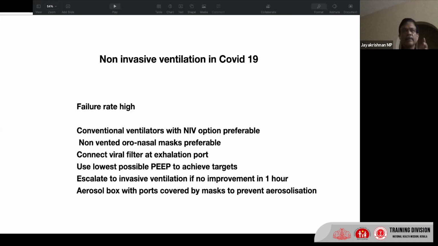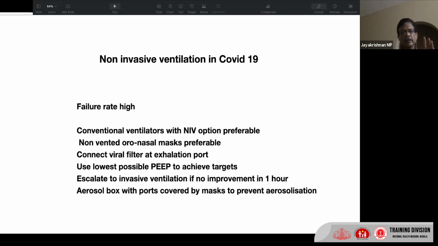Otherwise, if you use a BiPAP with a single lumen with a vented mask, all the aerosols may come out, and that can be a real risk for all the healthcare personnel and others in the room. And in the exhalation port, you can use a viral filter. Most of the HME filters in our ICUs are viral filters also. It will be written there on the HME filter. You know what an HME filter is?